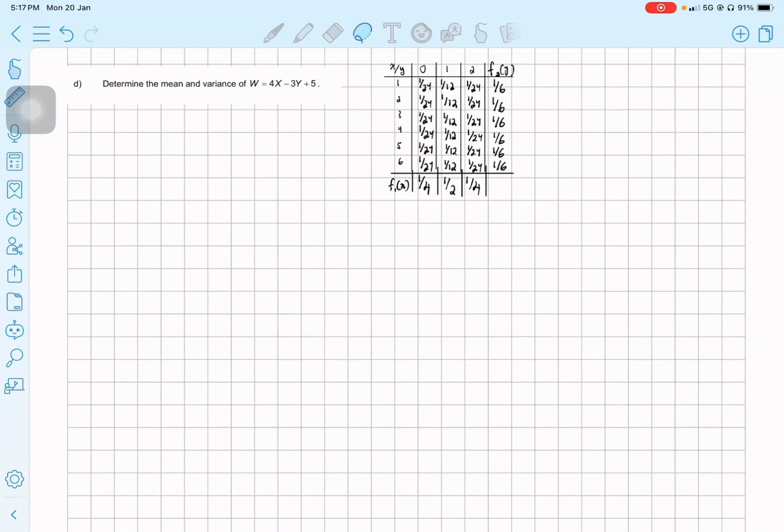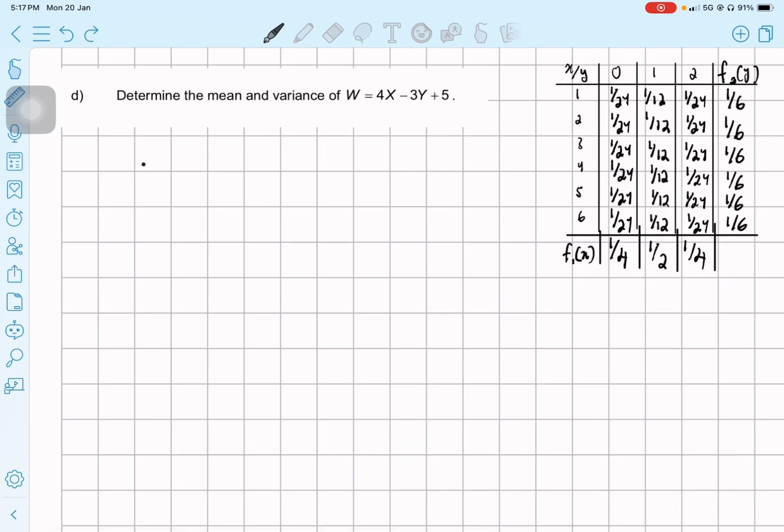So right now, we're going to find the mean and variance for W equals 4X minus 3Y plus 5. For the mean, E(W) is 4E(X) minus 3E(Y) plus 5.